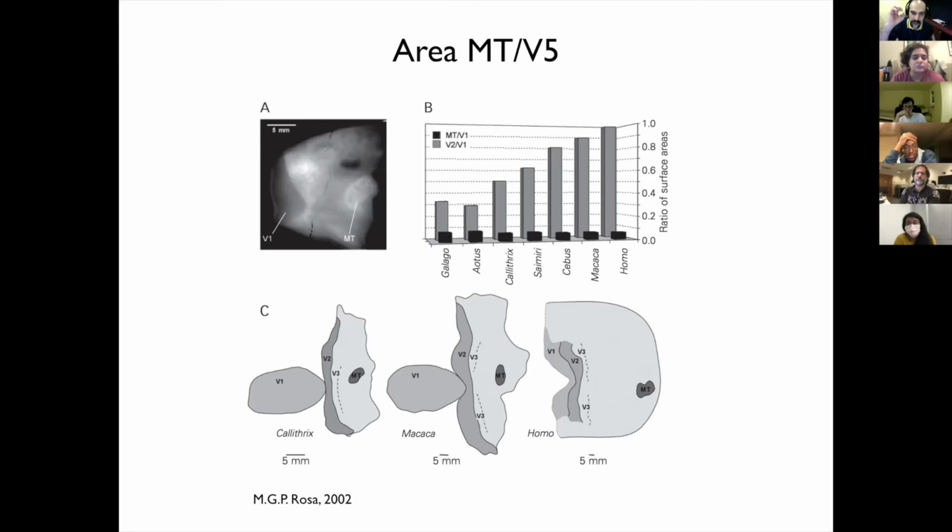MT has not grown. That sort of shows that MT has a more prominent role in lower animals. In terms of evolution, embryology and development, MT is sort of a primary area, but then it loses its importance in evolution. It is perhaps less important for our brain compared to the marmoset brain.